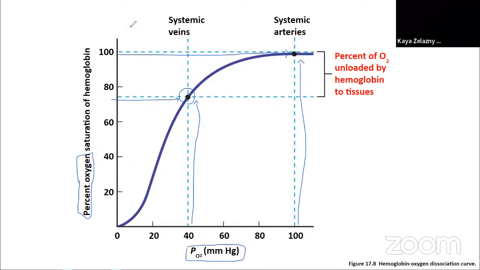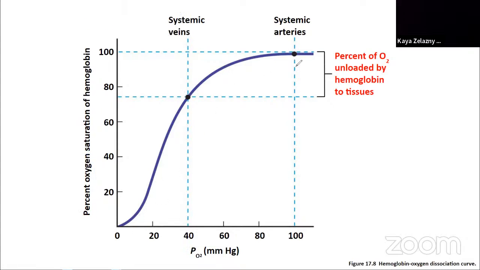But we can see this is not actually a linear relationship, right? There's a curve here, kind of a sigmoidal curve, so almost an S curve. So one part of this S is much bigger. It's actually true that we have positive cooperativity when we're talking about the affinity of hemoglobin for oxygen.